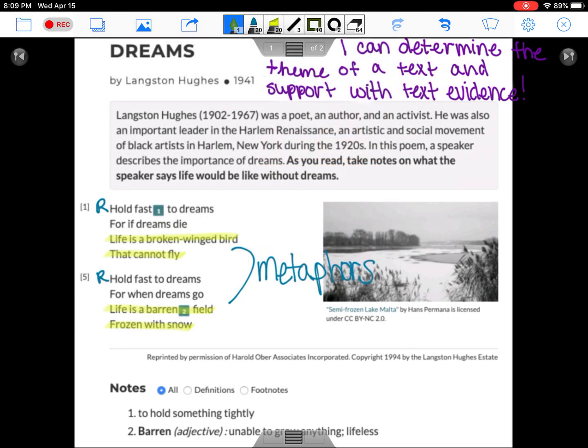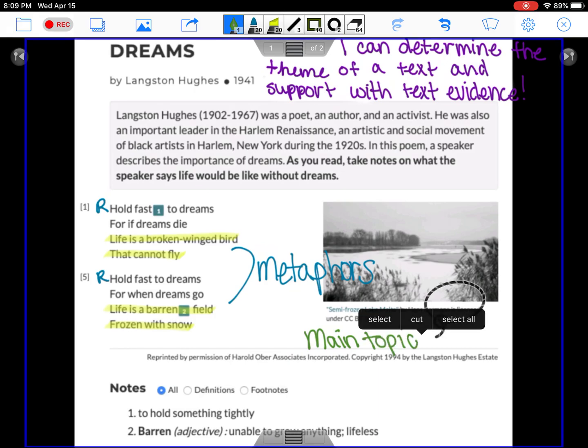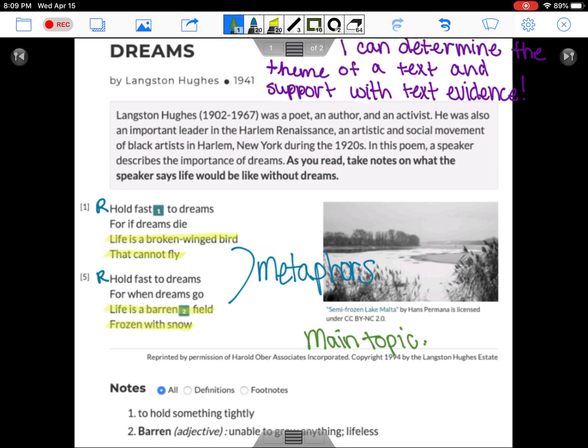Now that we've dug in a little bit, I'd like you to think in your head, what is the main topic of this poem? All right, you are probably ready to tell me your answer.